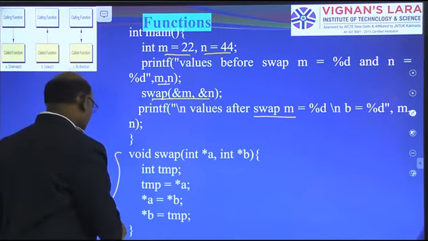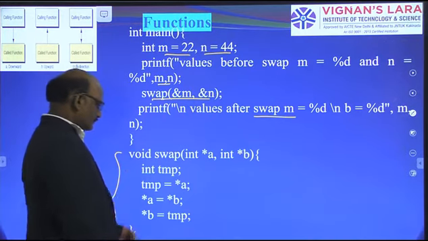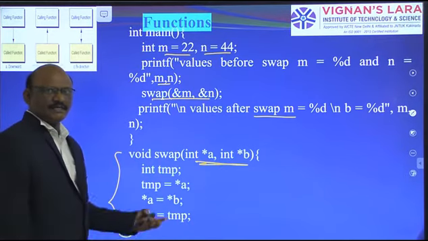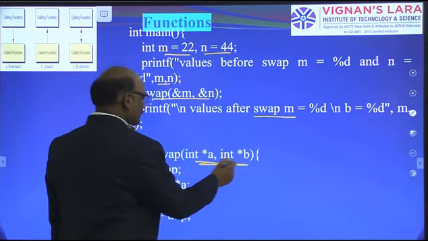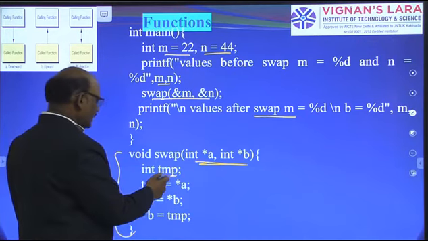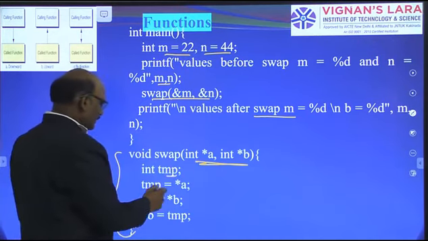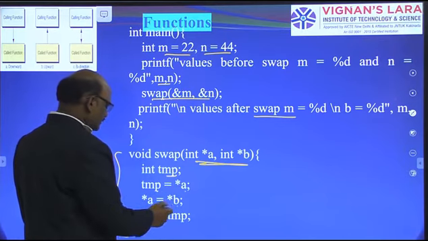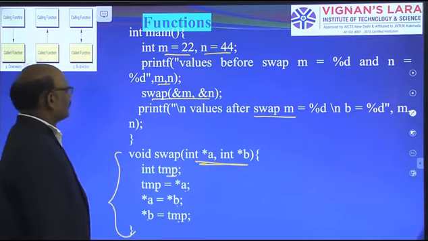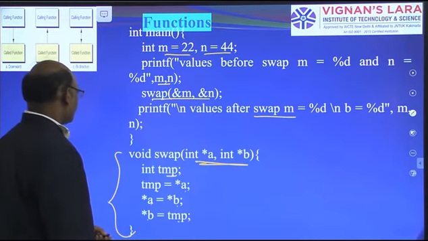So this is the function definition for passing pointers to the function. It is just like call by reference. The logic is: take a temporary variable, temp = *A, *A = *B, *B = temp. This is the logic for it. You know this pretty well, right?